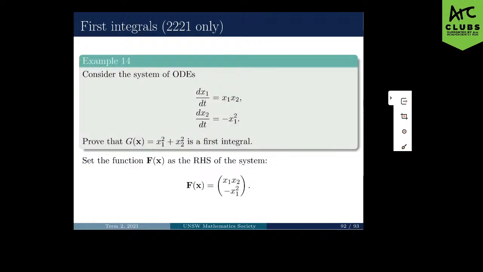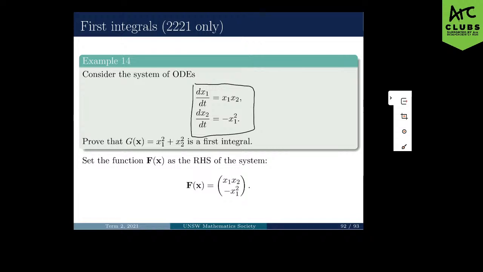so now let's solve this problem relating to first integrals. And this is our last problem, so that's nice. So we have this system of ODEs, and we want to prove that g is a first integral, where g of x is given by x1 squared plus x2 squared.